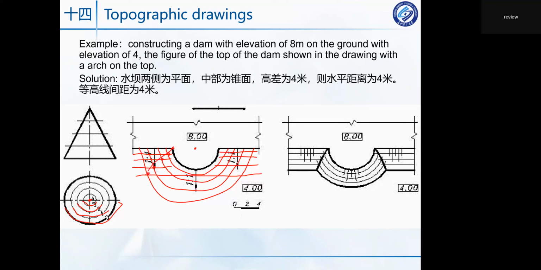And as for this one it is 7, 6, 5, 4, and we connect the cross points where the contour lines cross with the same elevation. Here is 8, this one is 7, this one is 6, this one is 5, and this one is 4. So we connect these points. So that is the intersection lines of the cone surface and the plane. Okay, so it's a big.